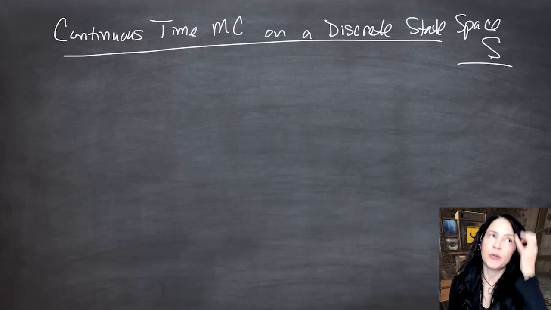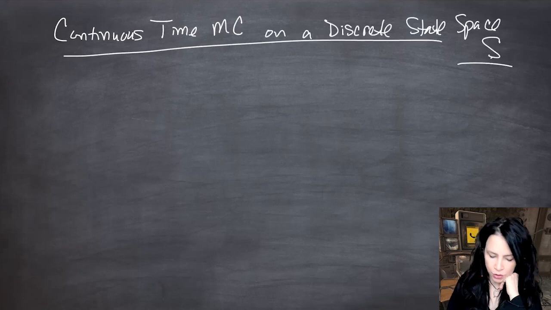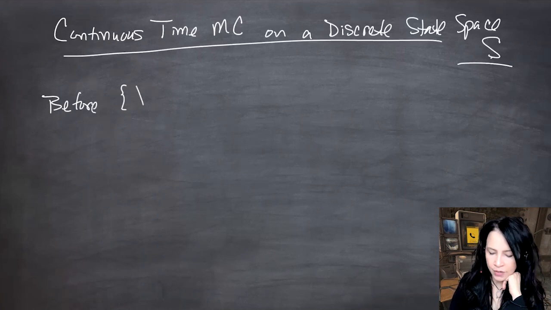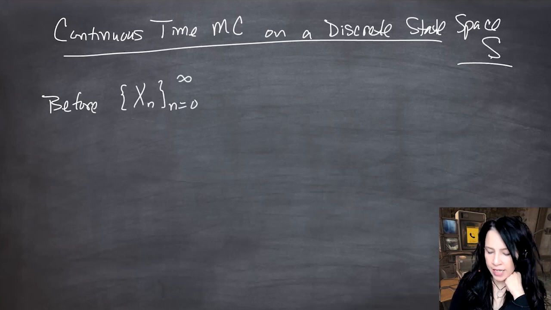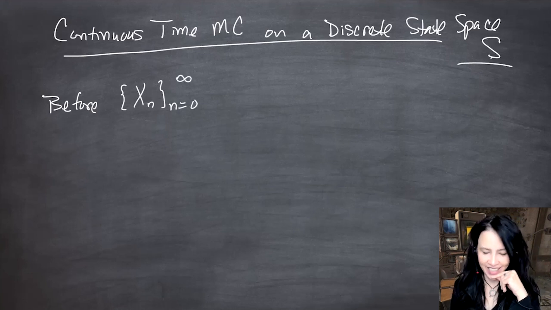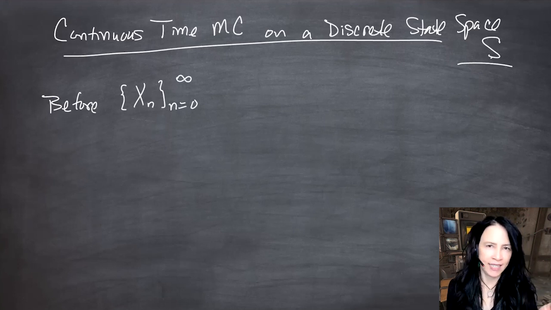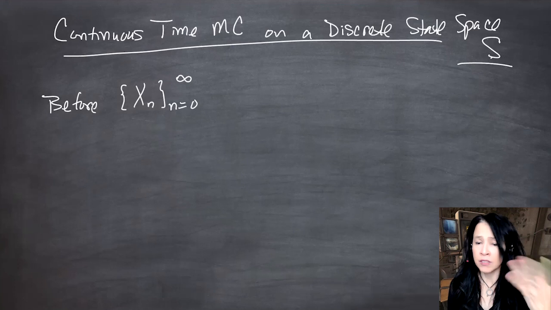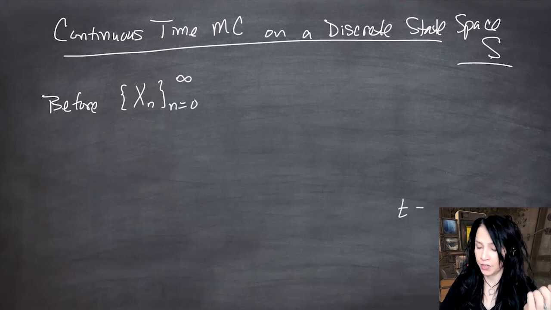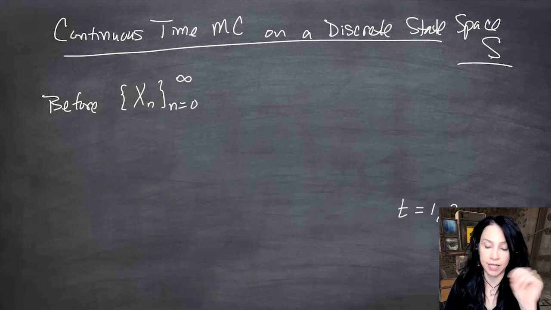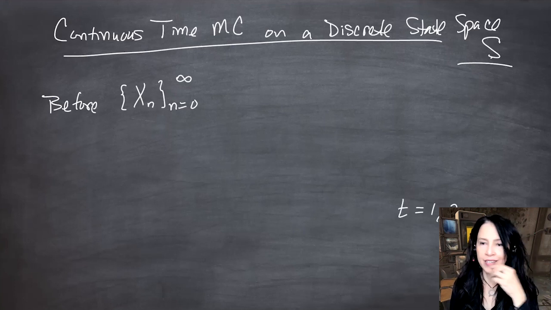I'm going to change up our notation for the Markov chain a little bit. Before we had a sequence x_n, and n went from 0 to infinity, and that looks very discrete. I'm going to go from n's and m's to t's and s's. Not that there aren't people out there using t for discrete things, but I think definitely n's and m's look discrete.